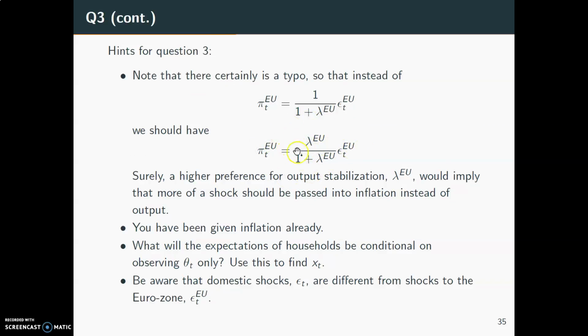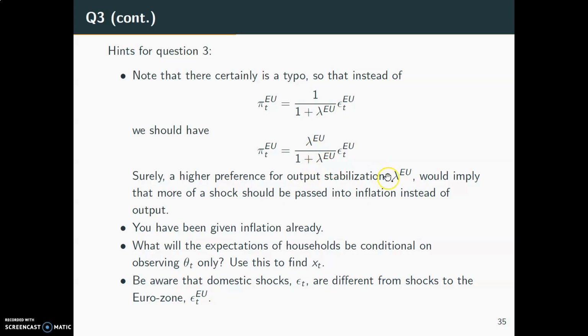The way you can see it is that surely a higher preference for output stabilization, which is what lambda EU is, would imply that more of a supply shock in the Eurozone should be passed into inflation instead of output, right?